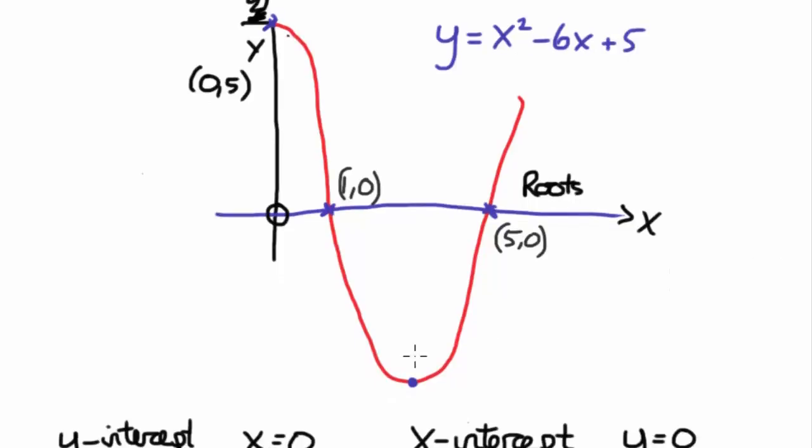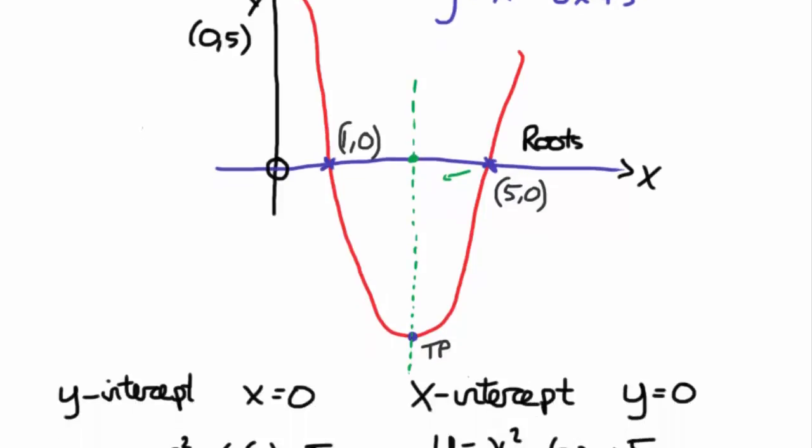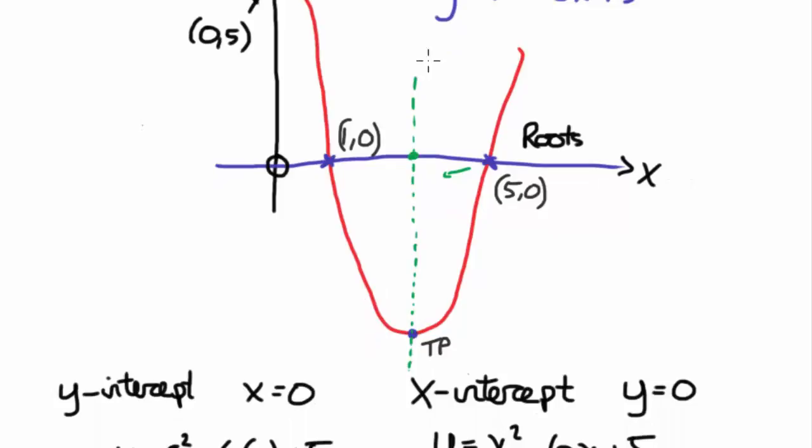Now we can work out this, and this is known as the turning point. Now, with any parabola, this one doesn't demonstrate it that well, what you find is it's perfectly symmetrical down the middle. So if you folded this over, it would match perfectly. So what we want to find out is where this line of symmetry cuts the x-axis.